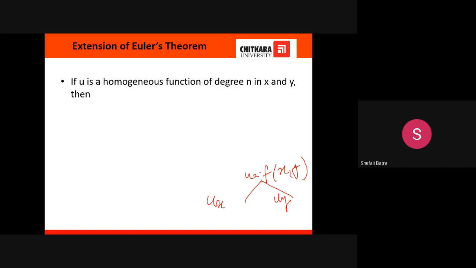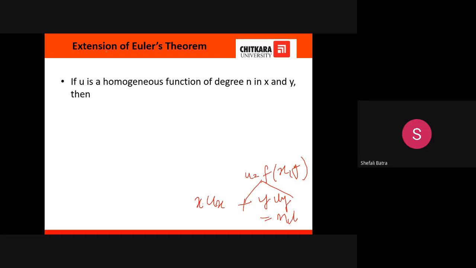And for Euler's theorem, you multiply this with x and this with y and then add up. That would be equal to n times u.